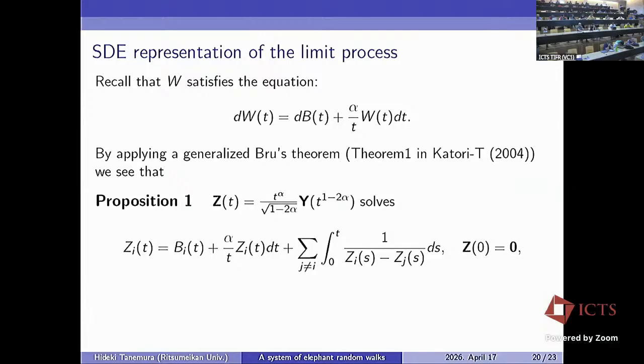This is just scaling, and this is also some kind of scaling. This is originally the same Brownian motion with some time and space scaling, and this is an immediate relation to each other. From this relation, we can get some kind of asymptotics and ergodicity of this process in some sense after scaling.